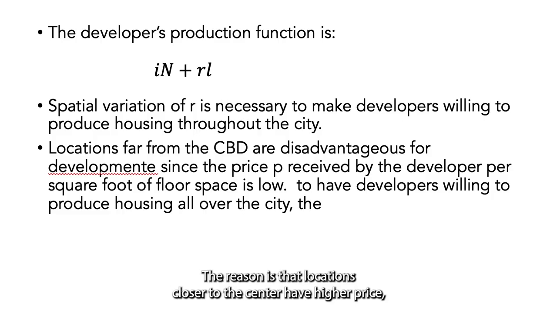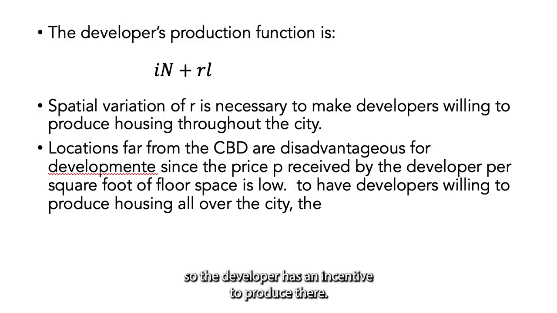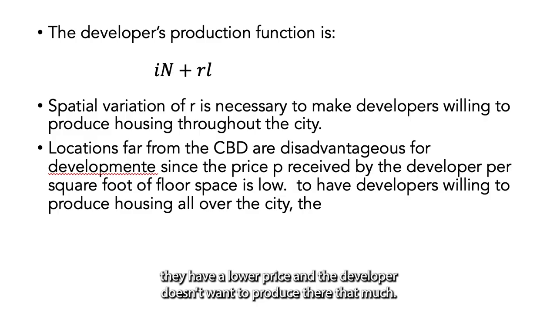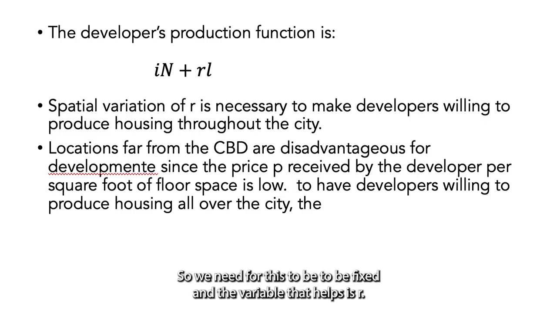The reason is that locations closer to the center have higher price, so the developer has an incentive to produce there. Right? Then locations far away from the core, well, they have a lower price and the developer doesn't want to produce there that much. So we need for these to be fixed. And the variable that helps is R.